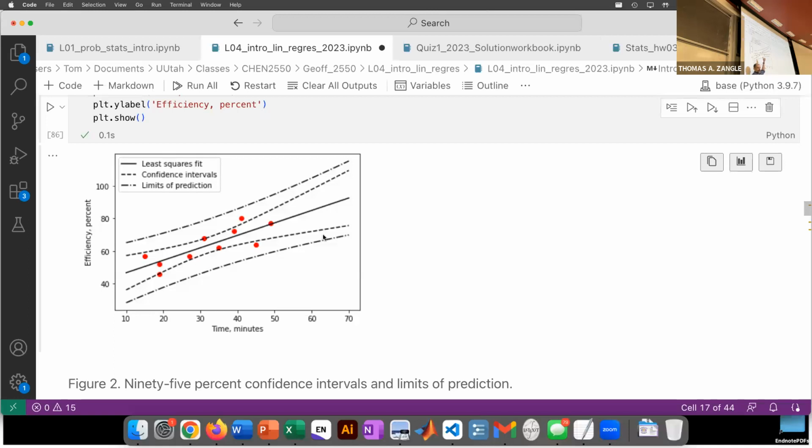The dash lines? Or the dash dot lines? Okay, so you actually use the dash lines. The dash lines here are showing our confidence intervals. So for a given time point, the range of values that we expect to see is given by the dashed lines.